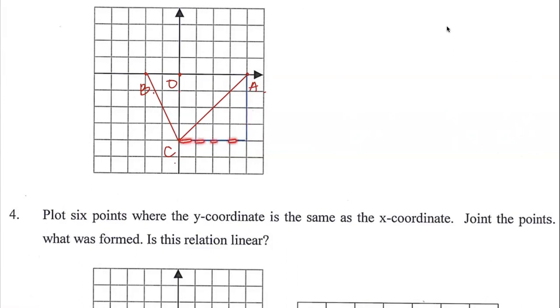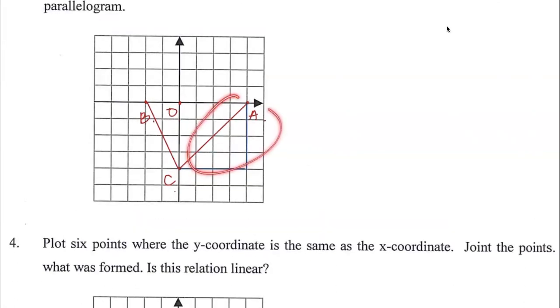And this side, we start from point C. If we repeat what we have here on point B, then we have 1, 2, 3, 4 here, and 1, 2, 3, 4.